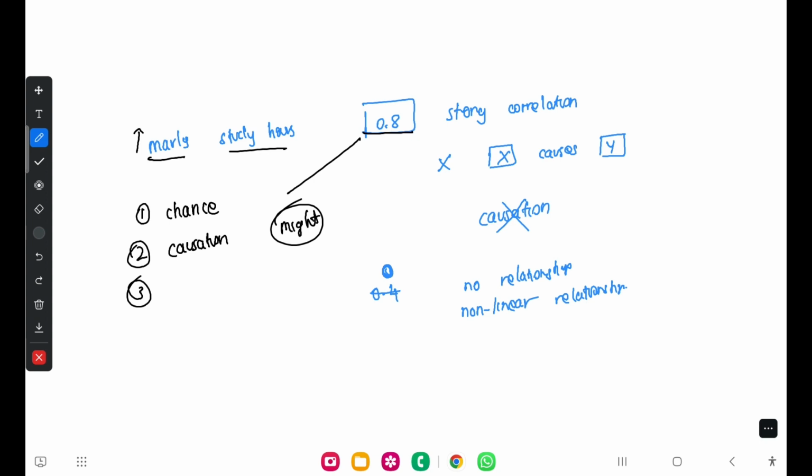Anything. There are so many other variables which can affect the dependent variable, but you haven't included them when calculating the correlation, right? So because of third factors, or unseen factors, this might be a positive relationship. So please keep these things in mind.